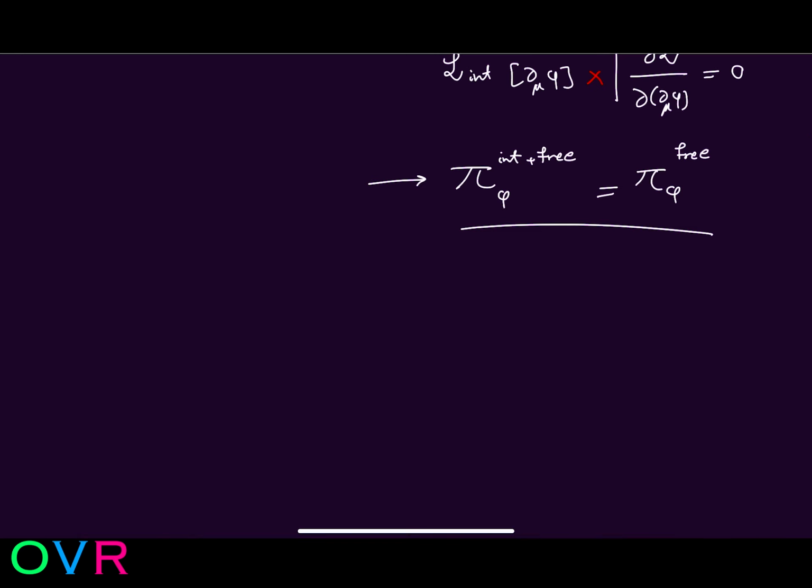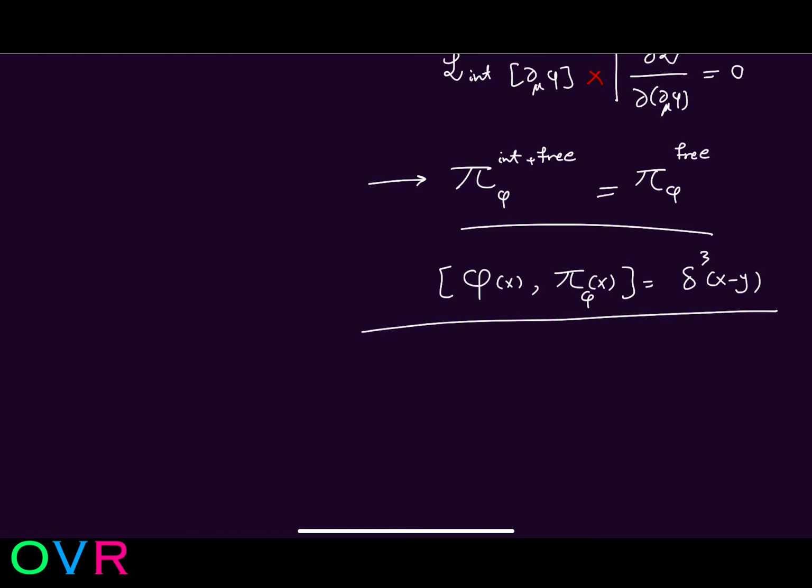And this is important because we want to define this commutation relationship between phi of x and pi phi of y, and this was equal to delta 3 of x minus y. So on the other hand, if we only have interactions that are not a function of the derivative of the field, then we are going to satisfy the same quantization or commutation relationship between a field and the conjugate momentum of the field.